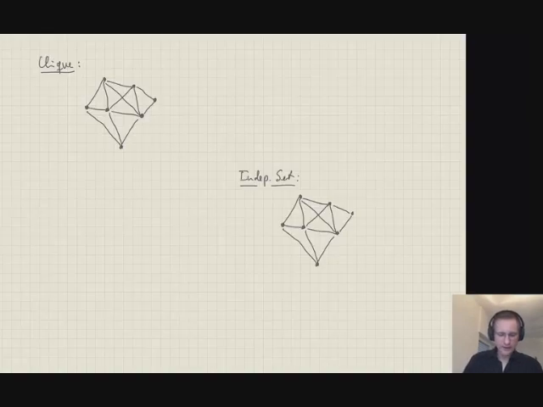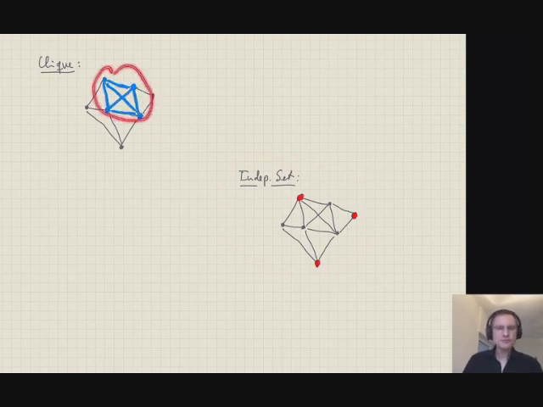Given a graph, a clique in the graph is a set of nodes that are pairwise connected, and an independent set would be a set of nodes which are pairwise not connected. So in this graph here in blue, that would be a clique, actually a maximum clique in that graph. And in red, you see an independent set, and I think it's also a maximum independent set in that graph.